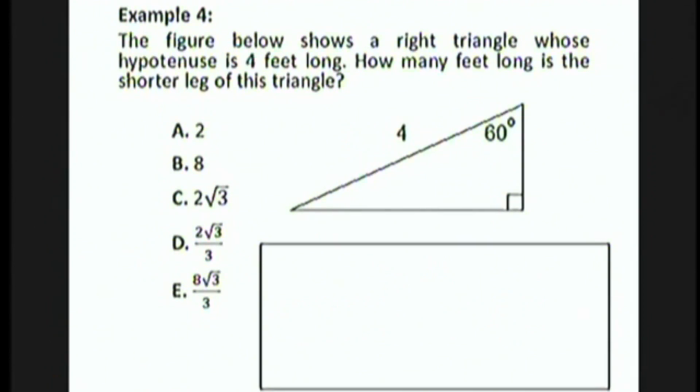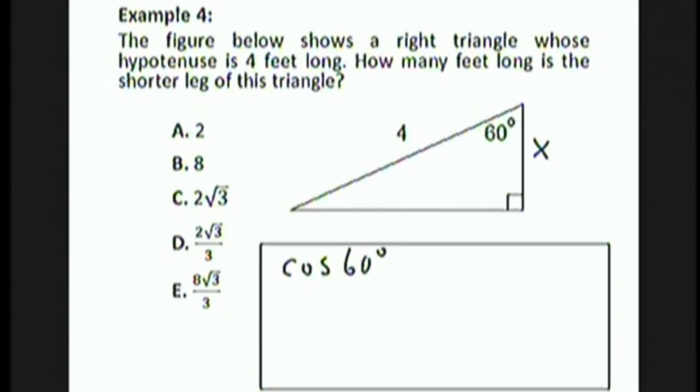Let's try another example. The figure below shows a right triangle whose hypotenuse is 4 feet long. How many feet long is the shorter leg of this triangle? Okay, so we're looking for the shorter leg of the triangle, which is this one. So we know the hypotenuse, we know the angle of 60 degrees, and we're looking for the adjacent side. So we're going to use cosine.